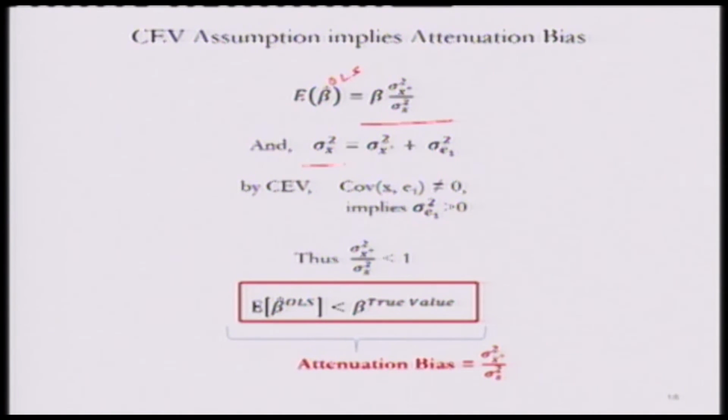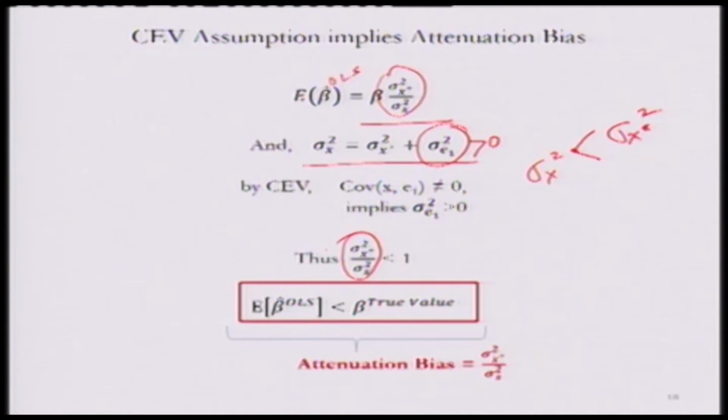Once again, you replace the variance of x with the variance of the true value of x plus the variance of the measurement error, and because this is positive, sigma square x must be greater than sigma x star square. Okay. And if this is the case, then this value over here, which is the bias term, is less than 1.